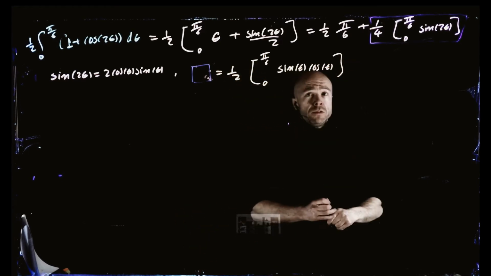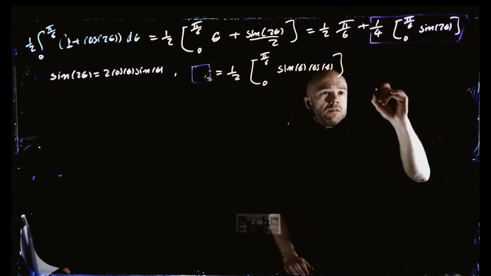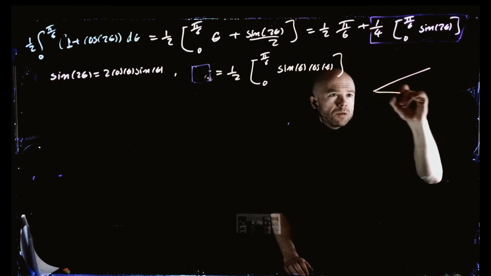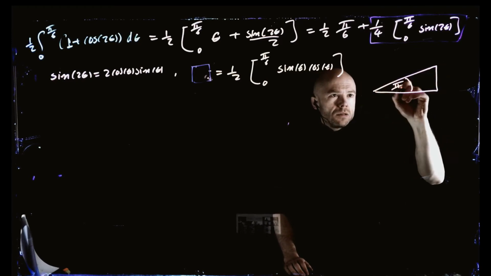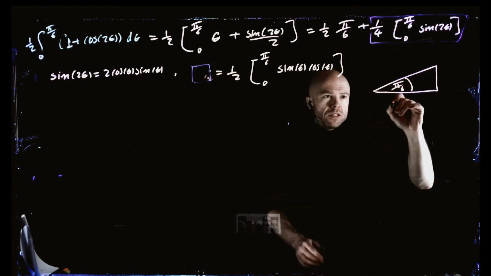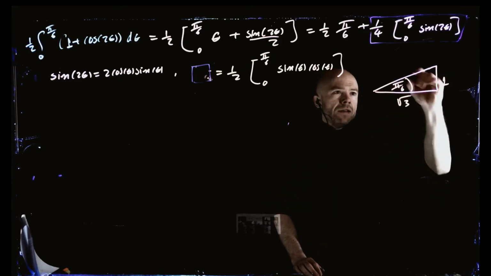And then we have to use our triangle again, right? This was the pi over 6 triangle, where the sides are root 3, 1, and then 2.